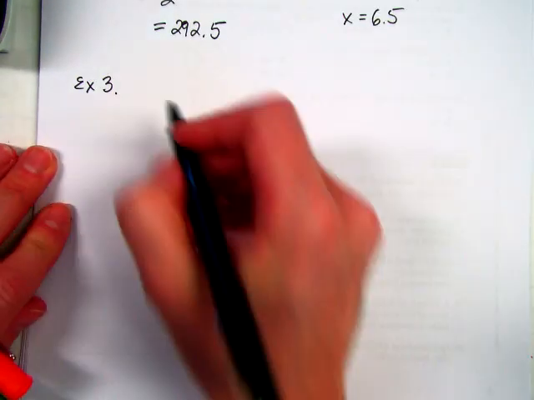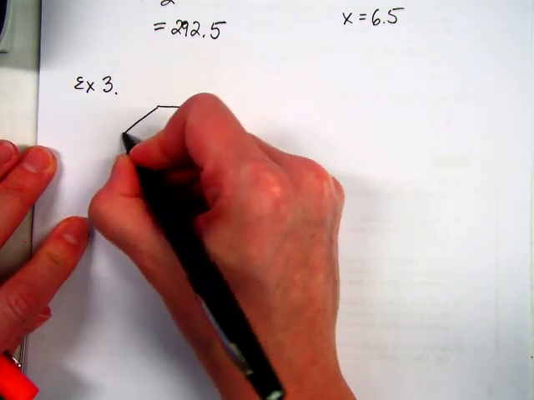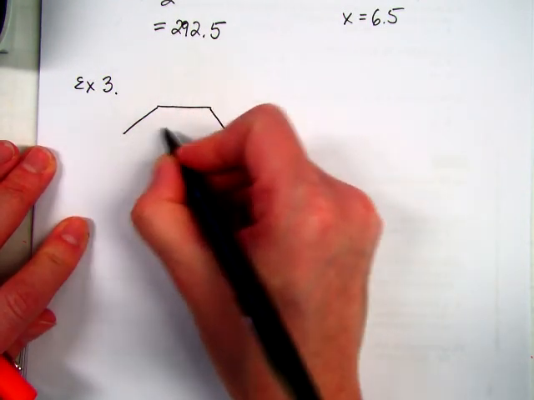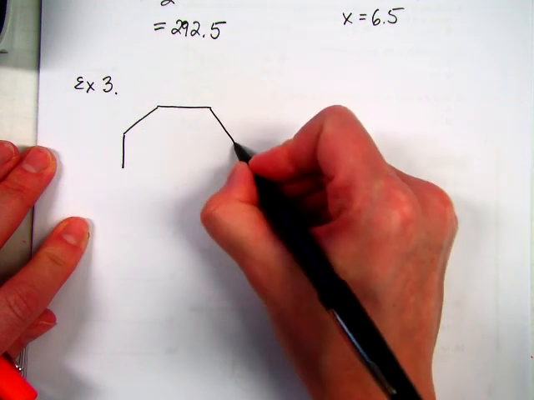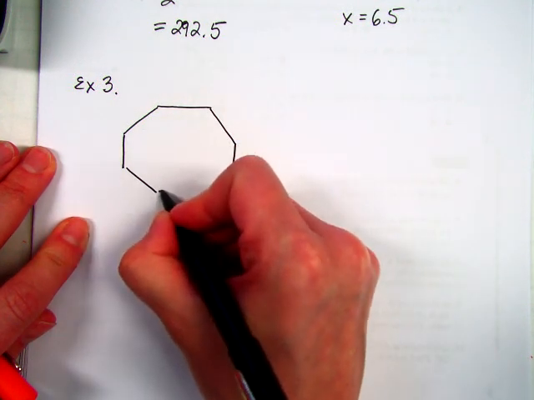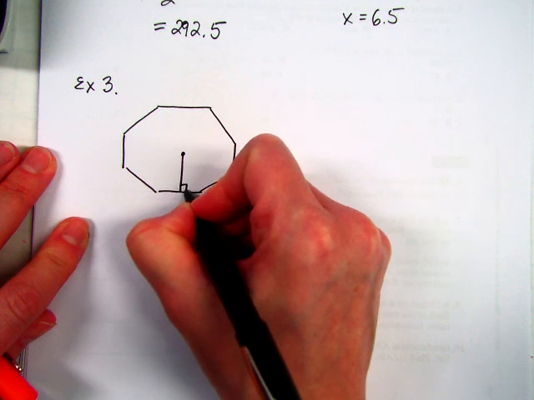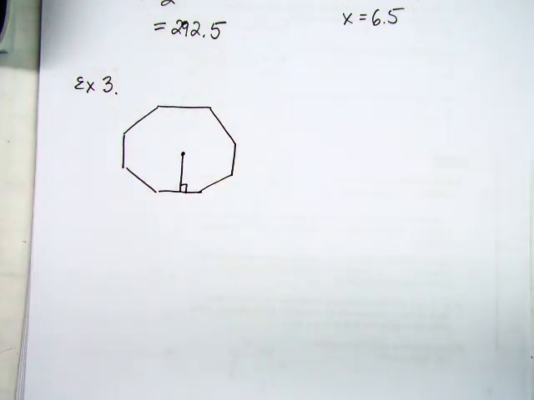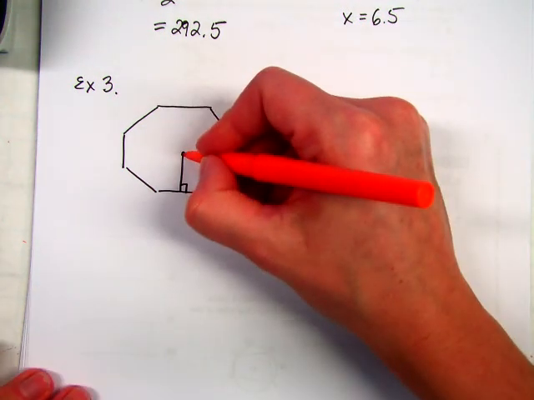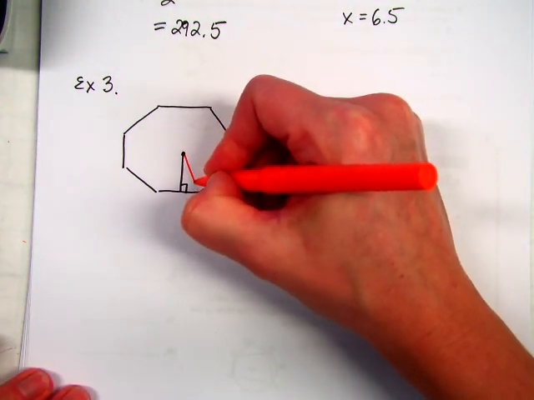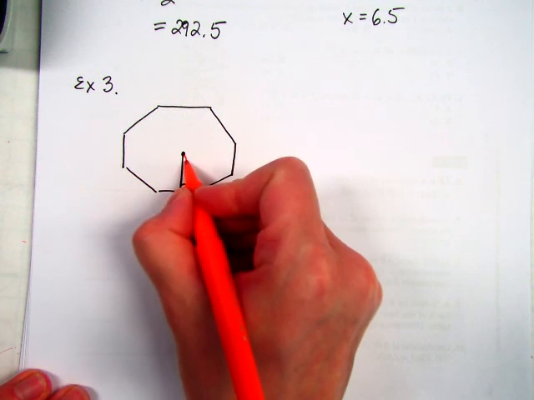Okay, so draw a big octagon so that you have enough room. Draw the apothem, it's right here. And take a couple minutes now. Let's say we draw this because this is what I'm after.